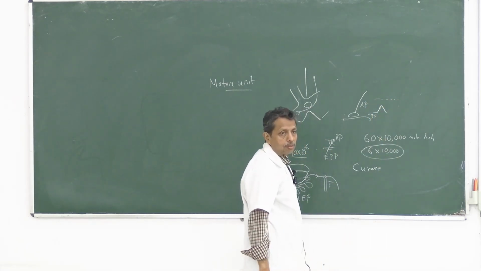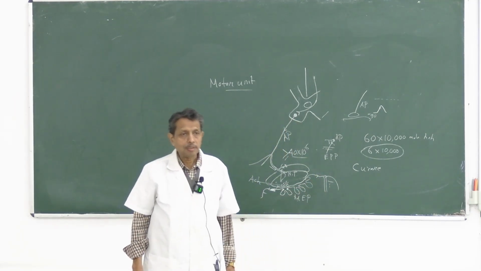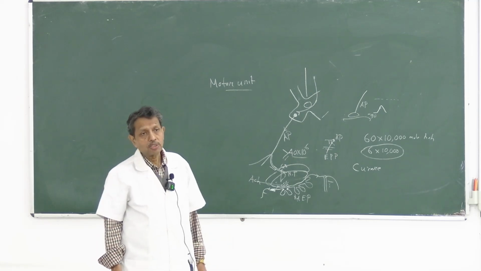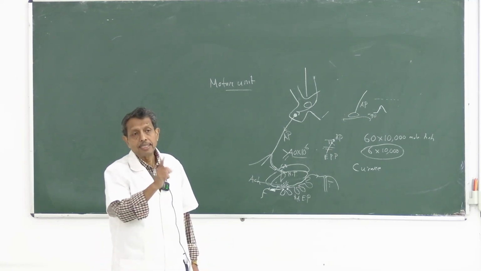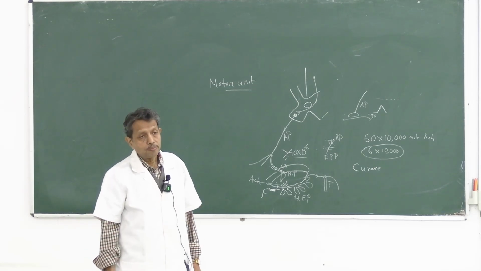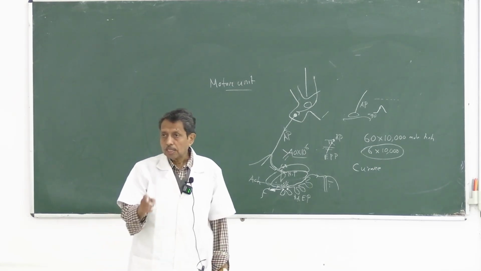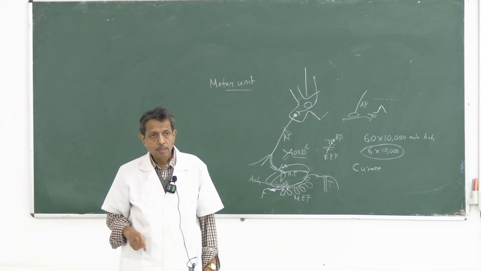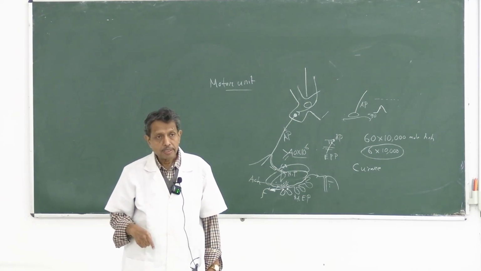And in that case, temporal summation can be demonstrated, because a single muscle fiber has a single myoneural junction. So there is no question of spatial summation. Temporal repeated stimulation can have its effect.